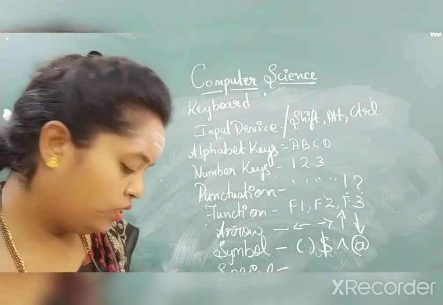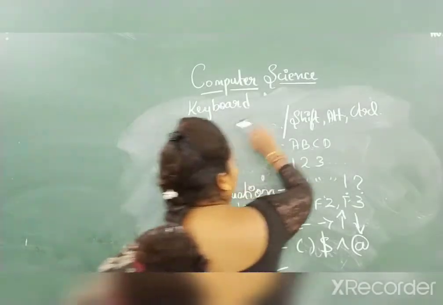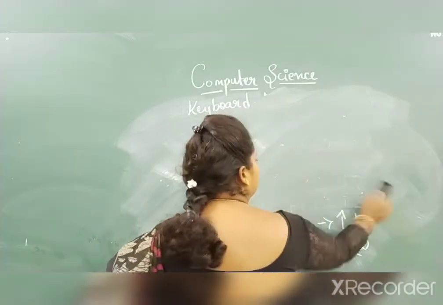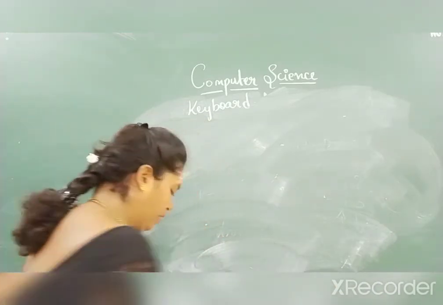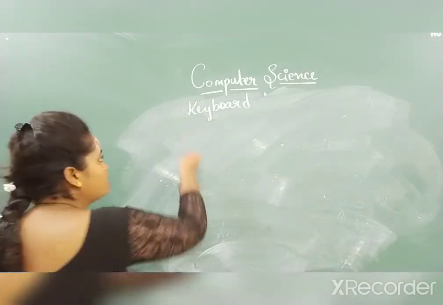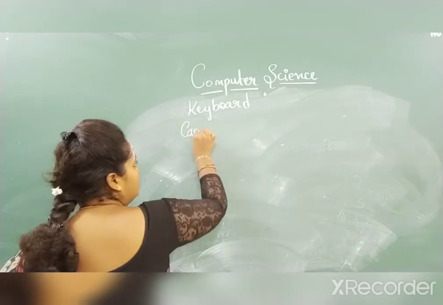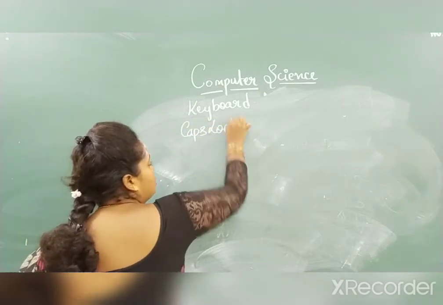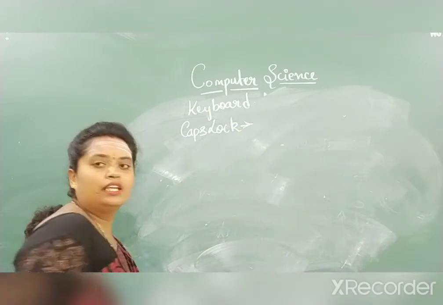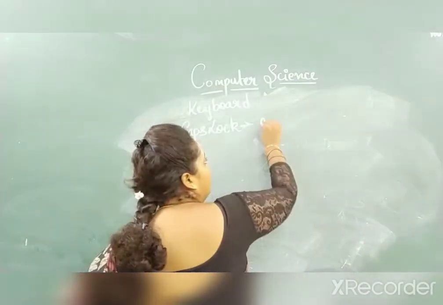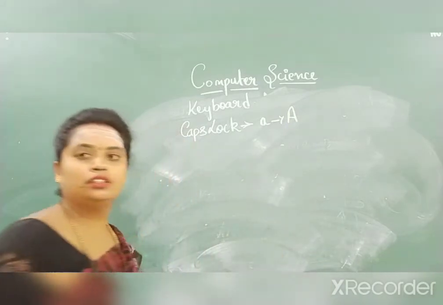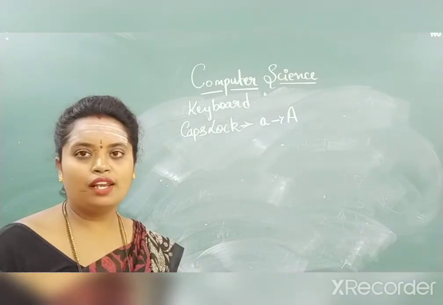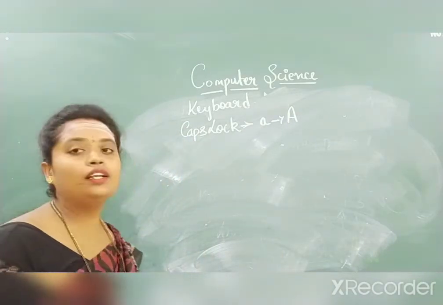We'll be moving on to the caps lock key. Each key we can just check. Then you have special keys, shift, delete and alt. Fine, children? What is this caps lock? What does this exactly do? Once you click on this, a small letter becomes a capital letter.